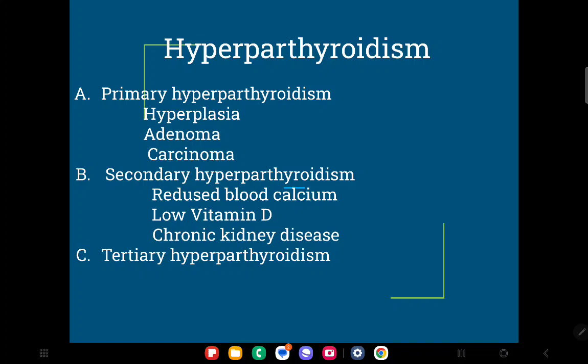For example, if there is chronic renal failure and the vitamin D is low, calcium is low, and there is a feedback to the parathyroid, it will start to increase the parathyroid hormone, and sometimes this feedback is with no break, and it will continue to secrete parathyroid hormone unless it is treated.